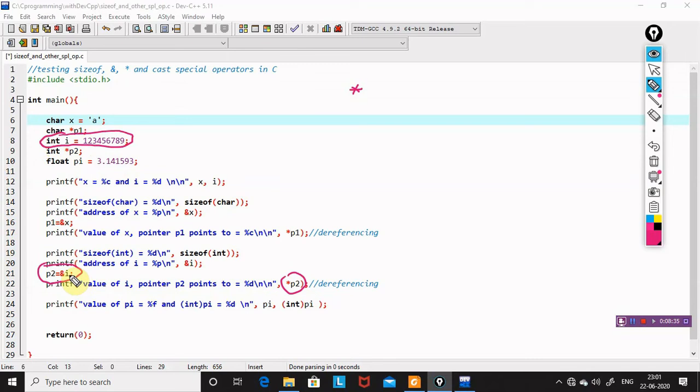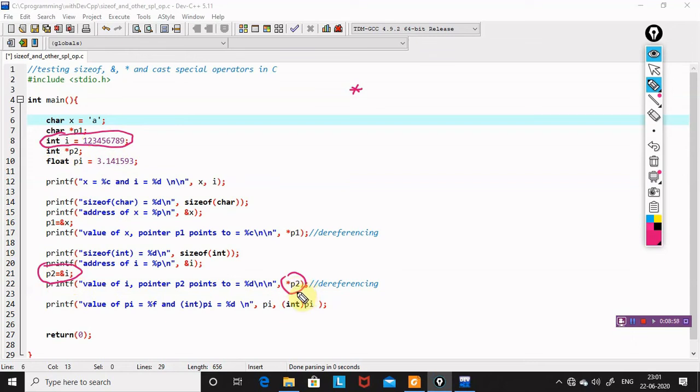So the address of I in memory space, that is the base address of I, is assigned to P2, and then the value of I, which is nothing but this, is again referenced in a roundabout way by writing star P2.